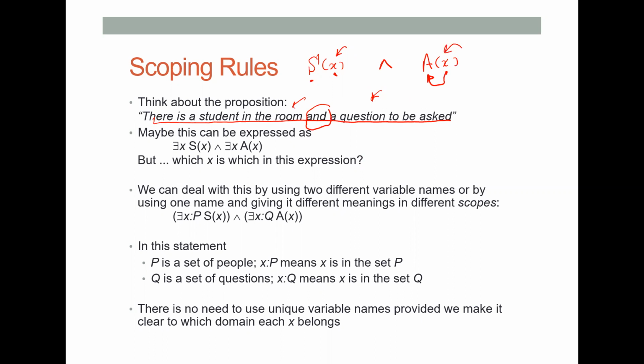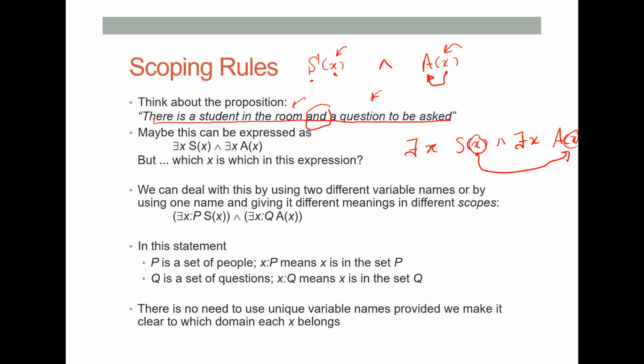So now you need to specify if you're going to say there exists X where S of X and there exists X where A of X, so it's not that true, because this X is different than the other X. And actually, the first X belongs to the domain of people or students, and the other X belongs to the domain of questions.